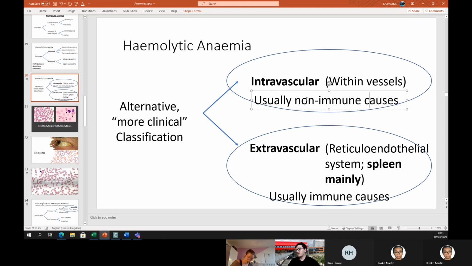If it's extravascular, the red blood cells are usually tagged by some sort of antibodies, and macrophages in the spleen pick on the tagged red blood cells. It's kind of like a person with COVID, you pick on them to put them in the hospital. That's a pretty bad analogy, but you get the picture, hopefully.